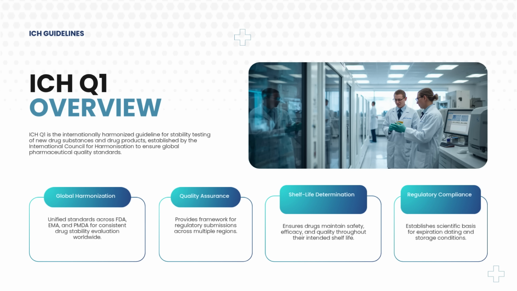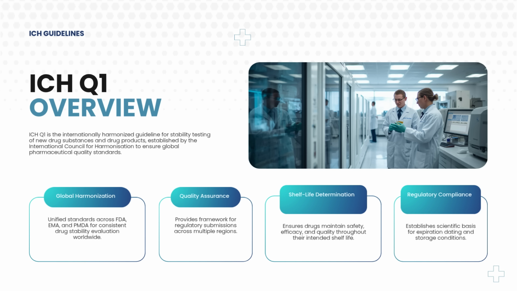Firstly, these standards form the backbone for regulatory submissions across different regions, facilitating a smoother process for pharmaceutical companies. Additionally, they establish the scientific basis for determining the expiration dates and storage conditions, which are critical for both manufacturers and consumers.